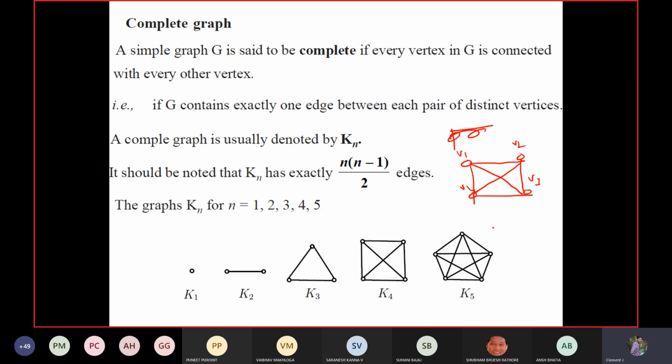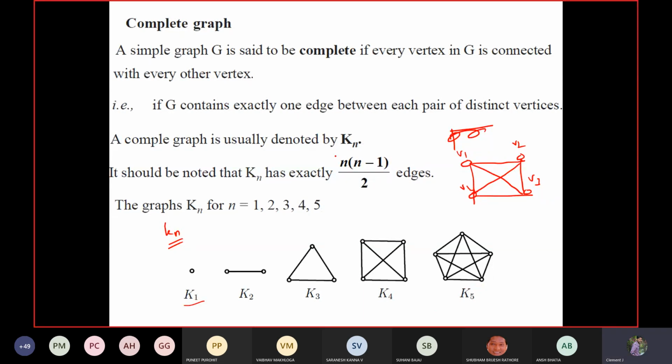That's what they have denoted as K1. The denotation is actually Kn. Here n represents the number of vertices in the given graph. They have given the illustration for the same up to n equal to 5. Okay, this is the complete graph definition.